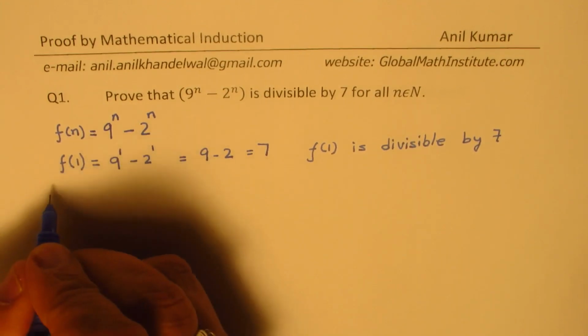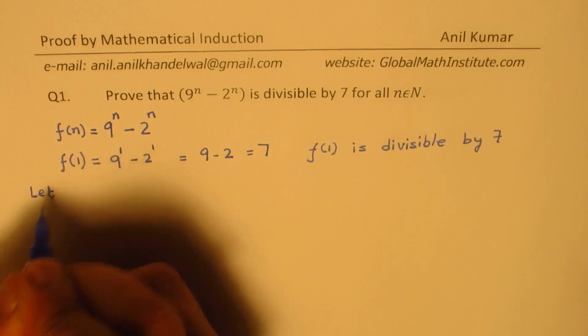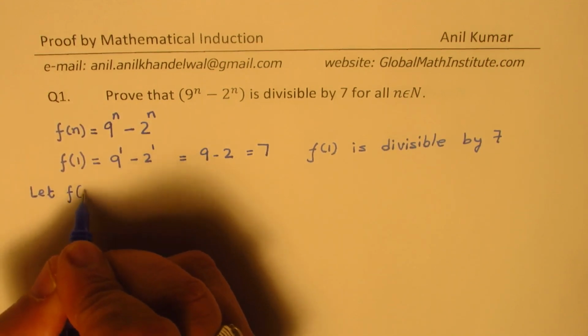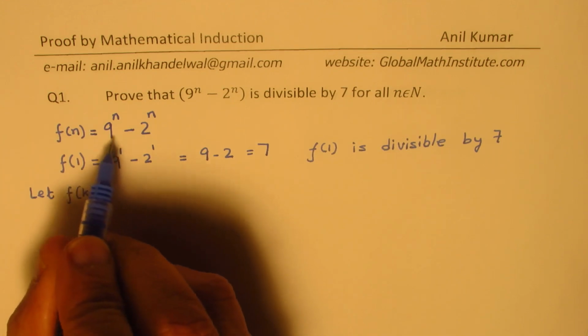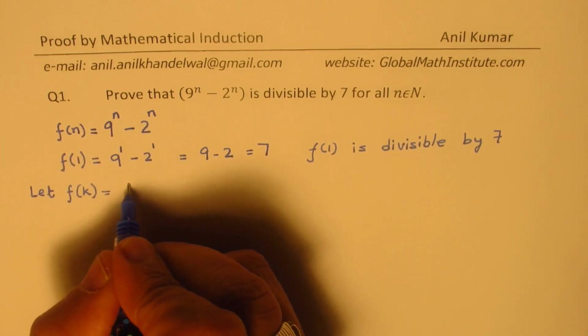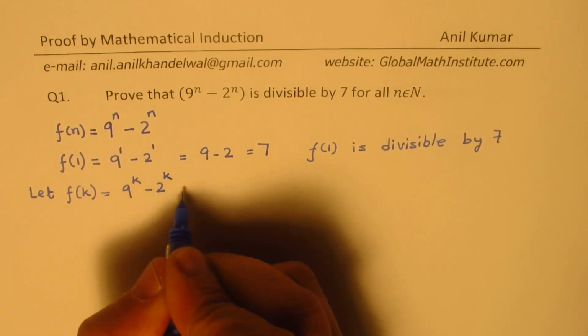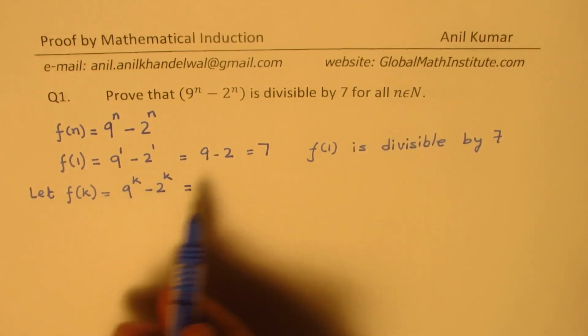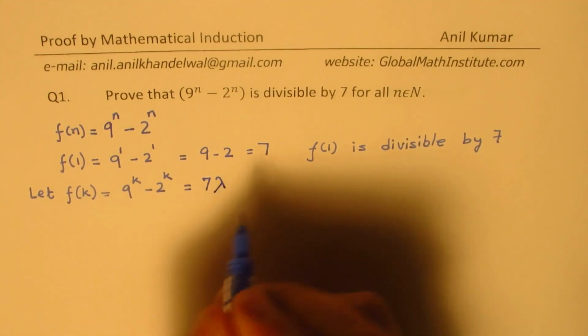Now we assume and we say let f of k be divisible by 7 also. So we'll just substitute k for n, and we'll assume that 9 to the power of k minus 2 to the power of k is equal to a multiple of 7. So we can write this as 7 times lambda.